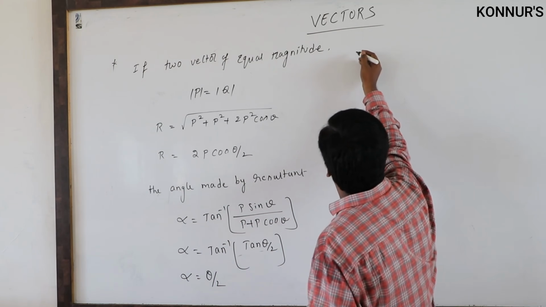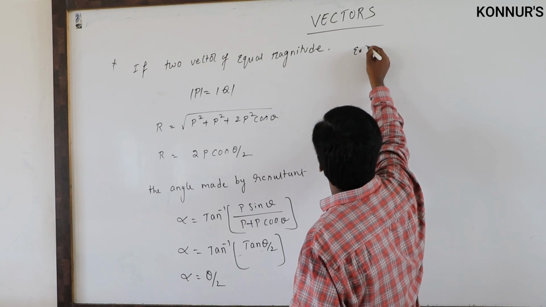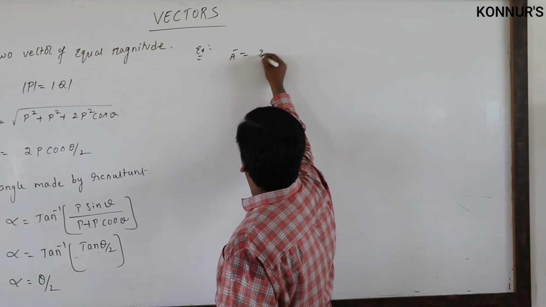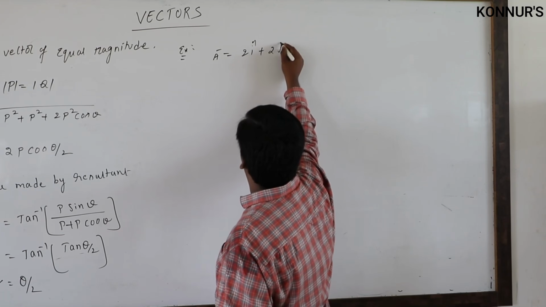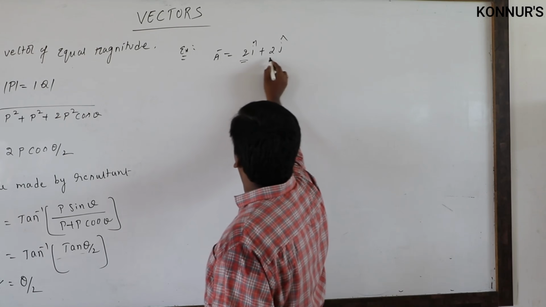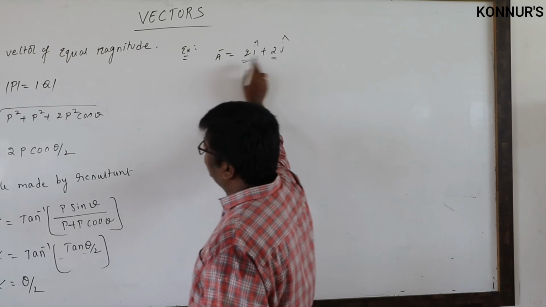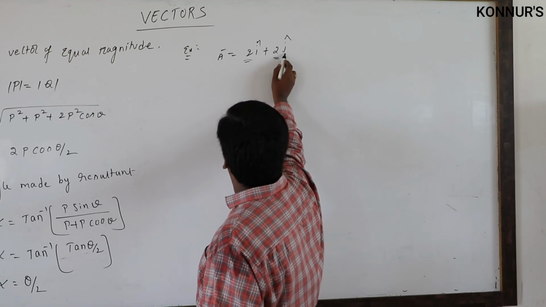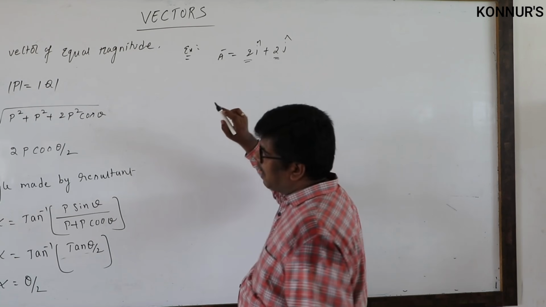For example, we can take a vector a bar, which is 2i cap plus 2j cap. You observe that the components, vector p and vector q, are perpendicular to each other because they are i and j, and they are equal in magnitude.